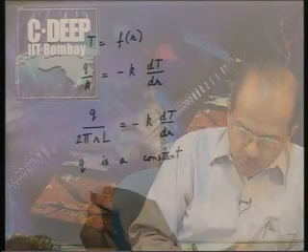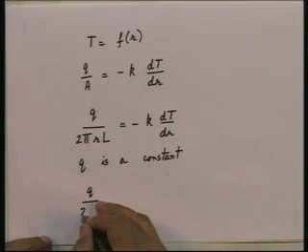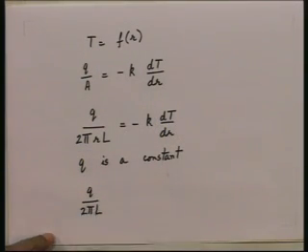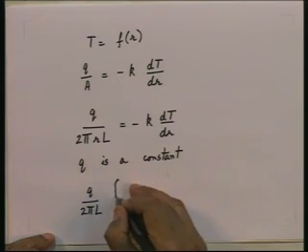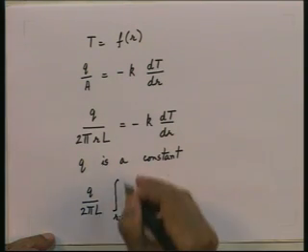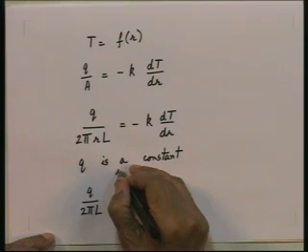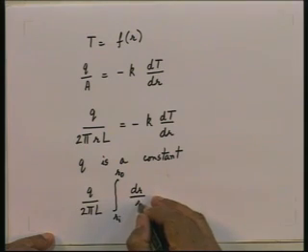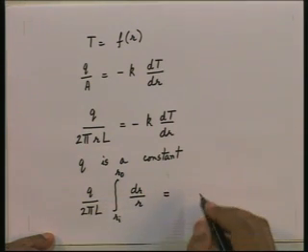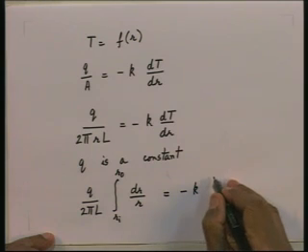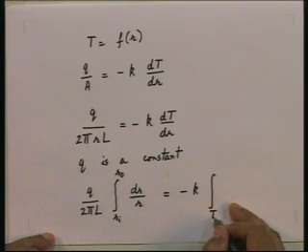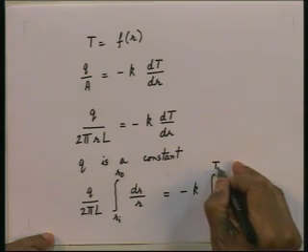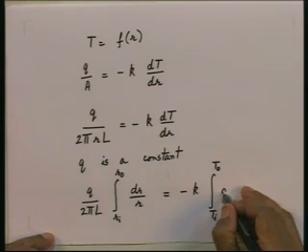So, again integrate this expression. We write this as Q upon 2 pi L, integrate it from r_i to r_o, dr by r, and that is equal to minus k, the integral from T_i to T_o, the inner face to the outer face, dT.